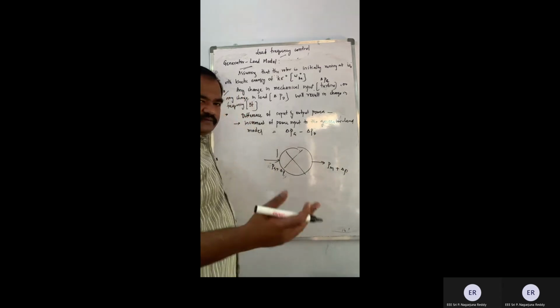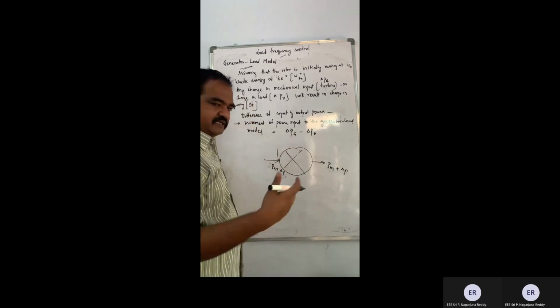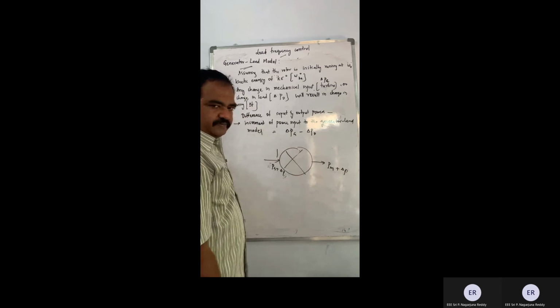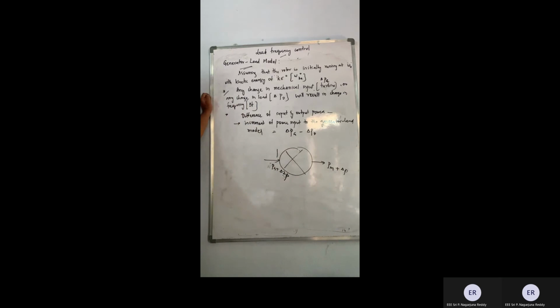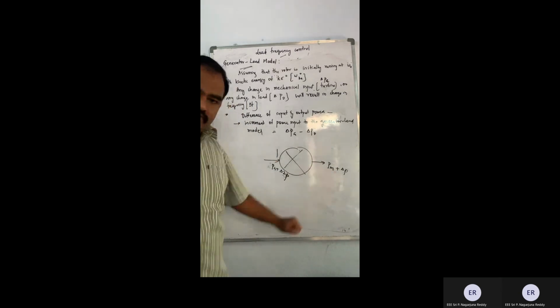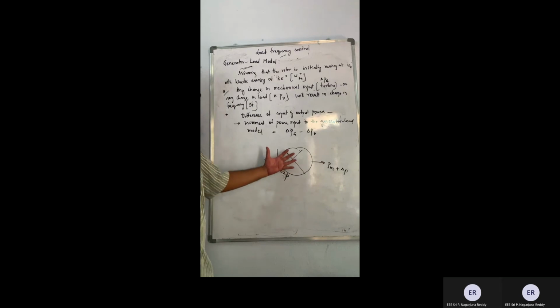So the system runs at steady state, at its normal speed, right? But let us suppose this value is higher, like 2 into delta P. What happens? Since more energy is being fed to your rotor, the rotor accelerates.